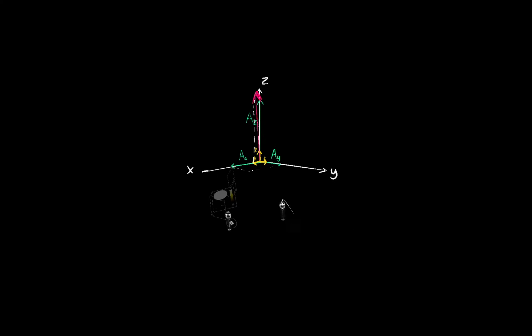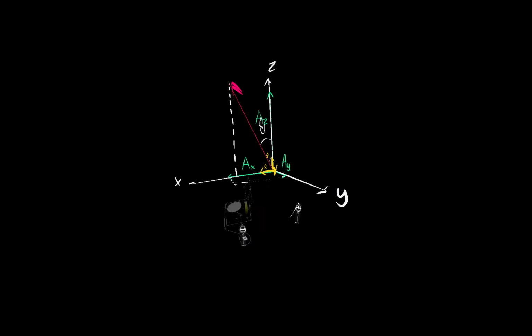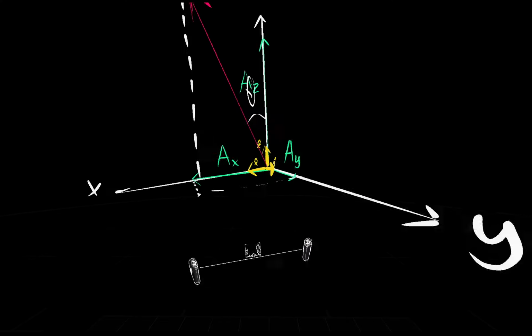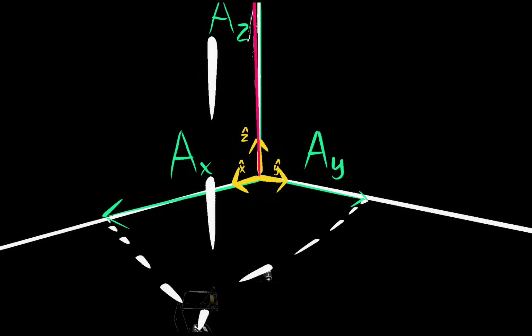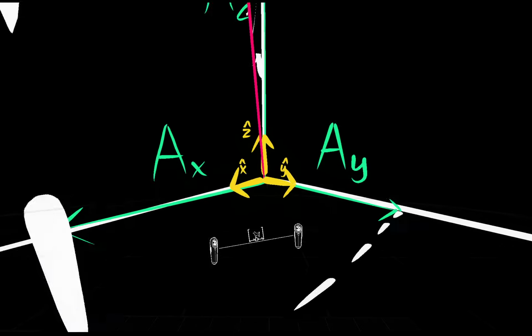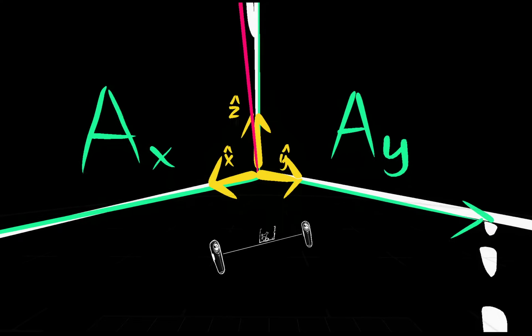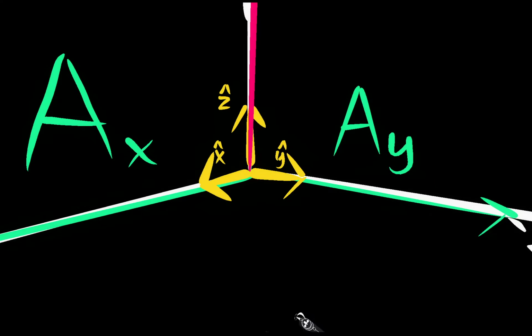And that is to define unit vectors. So these gold vectors here are labeled with x hat, y hat, and z hat. And they tell us what one unit in each of those directions is equal to. That's what the hat is. And it's just a base reference to compare other things to.